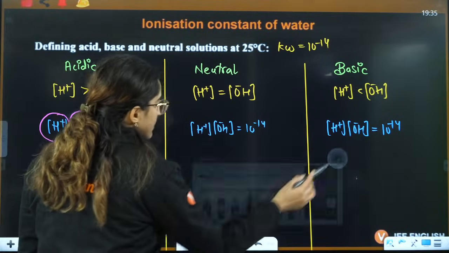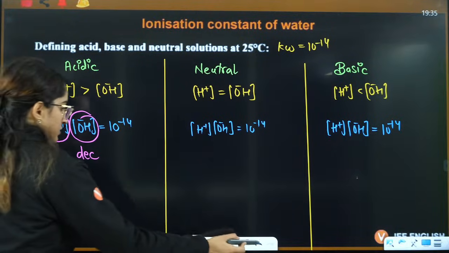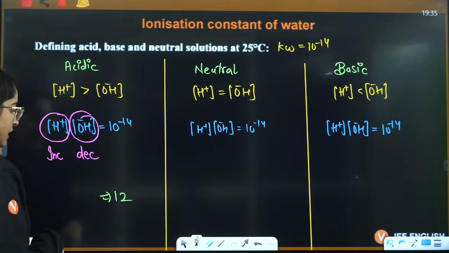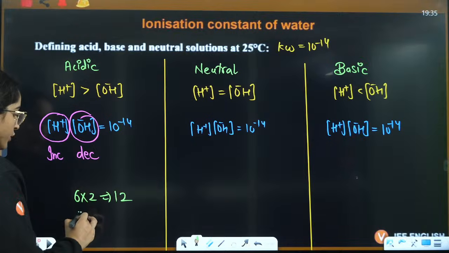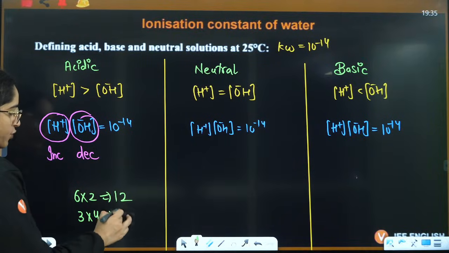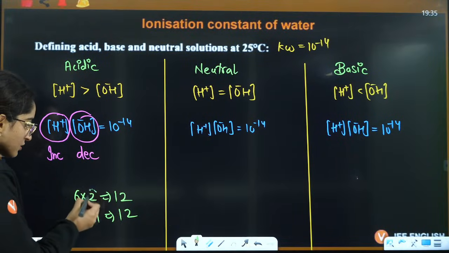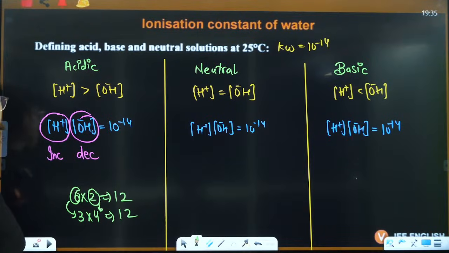See, if I say overall value has to be 12, either you write 6 into 2 or you write 3 into 4. It is going to be 12 only. But if I say here this value has increased, then this value has decreased here.